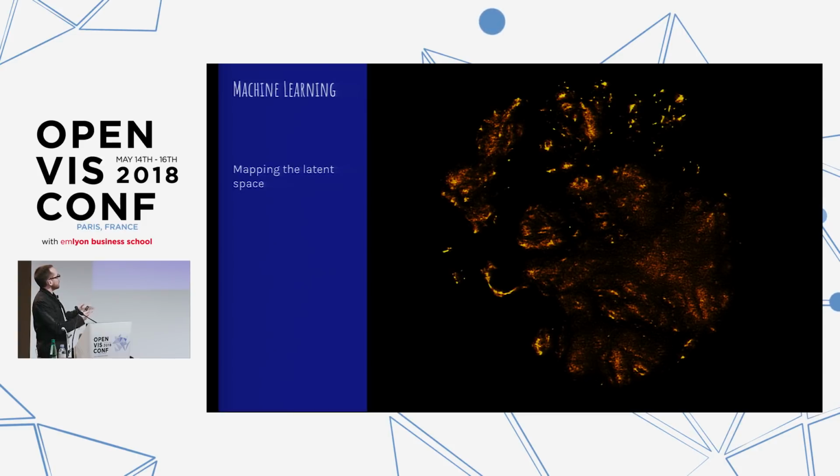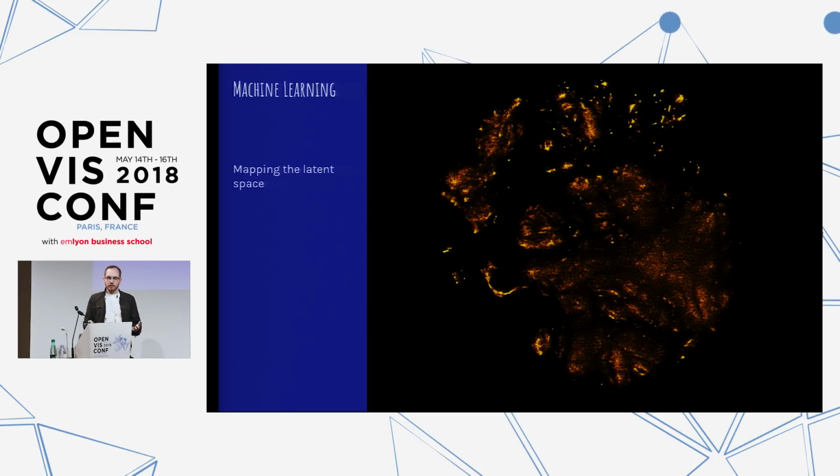Now back to the data set at hand. There's a term for the high-dimensional landscape that the neural network creates with its internal representation, and that's called the latent space. I love this term because the word latent is so mysterious, and space just begs for exploration.